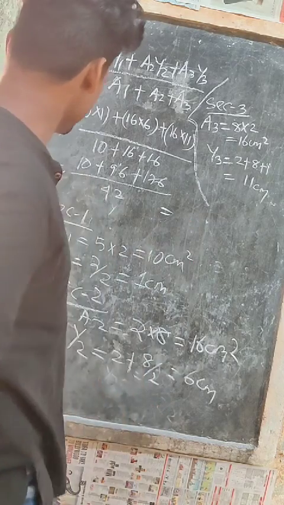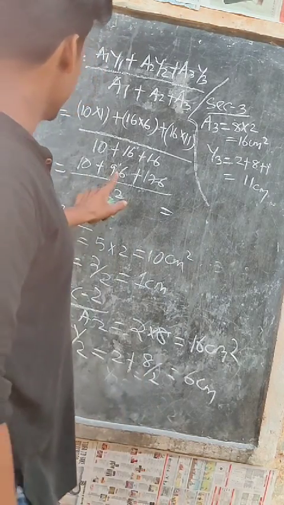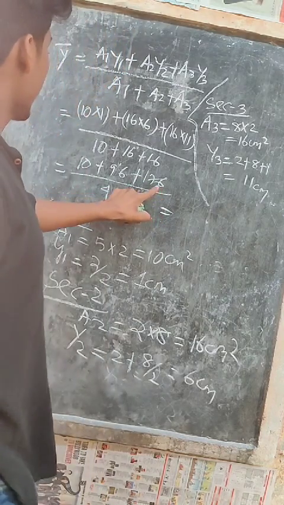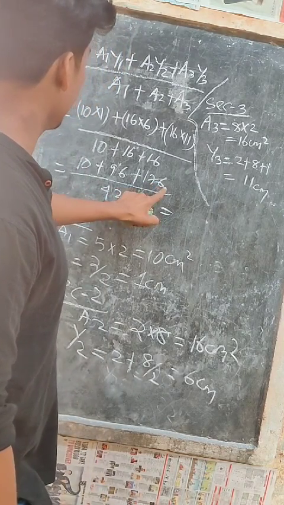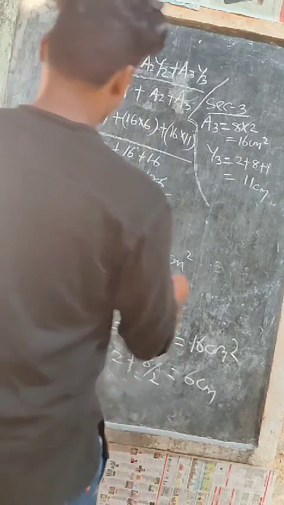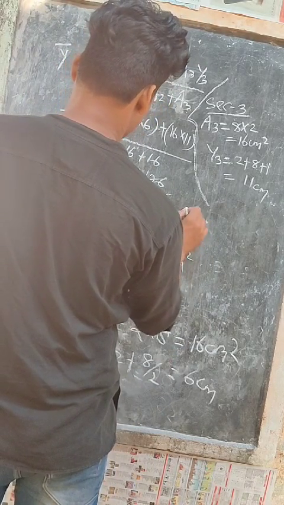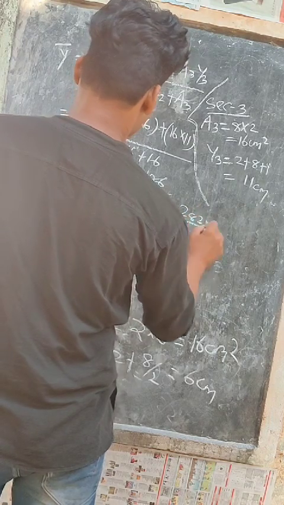And it's coming as 96 plus 10, 106, 106 plus 112 is 212, 212 plus 70, 282. 282 by 42.